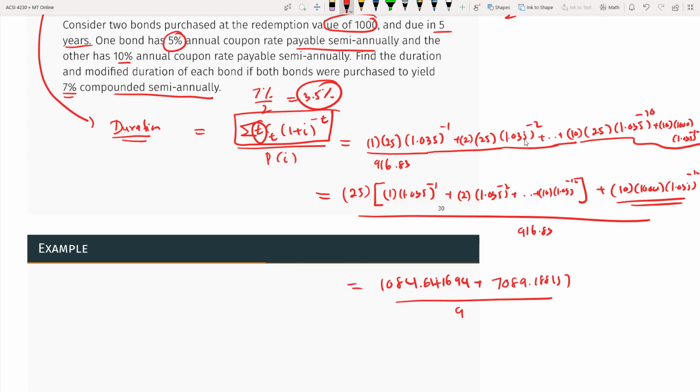And divide by 60. So let me add these two and divide by 16.83. So I get 8.953. This is the duration, and we use a 6 month period, no?